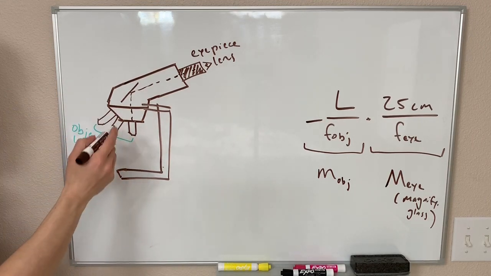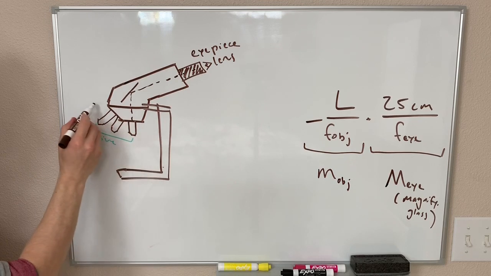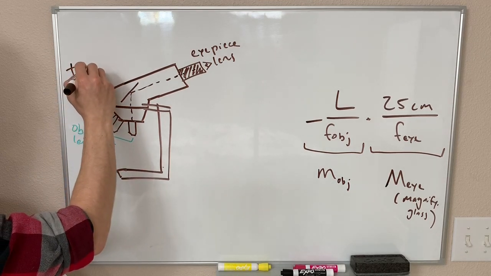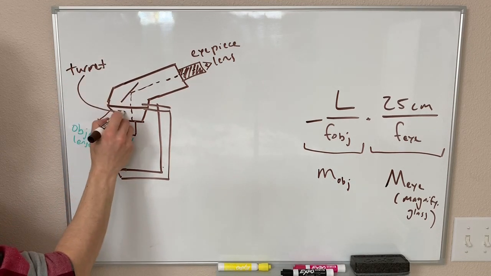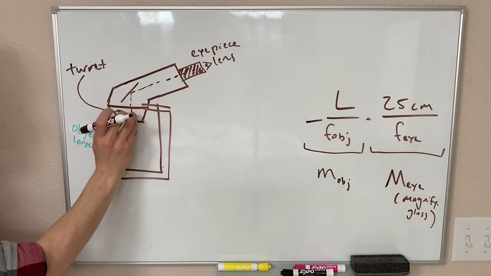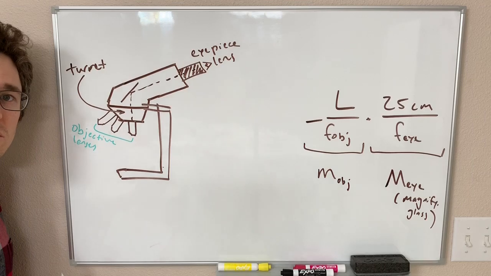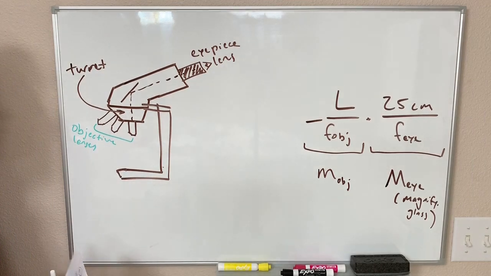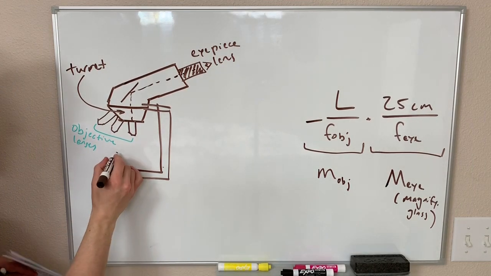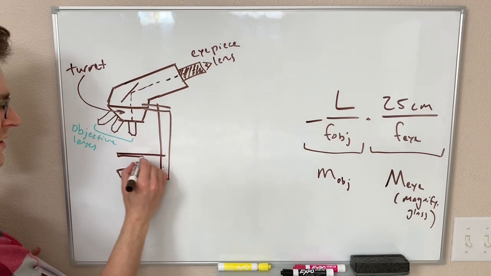The reason we have multiple objective lenses is this whole piece on the bottom can rotate. This is called the turret, or the objective turret. So this piece rotates and we can pick which of several different objective lenses we want to use to look at our object. So our object sits on a stage here.